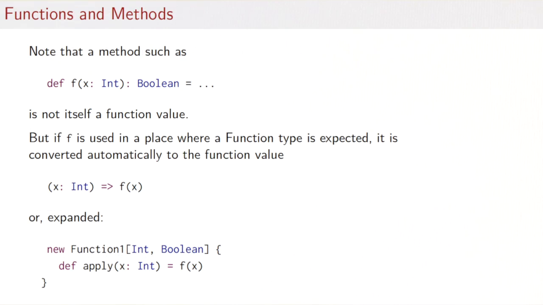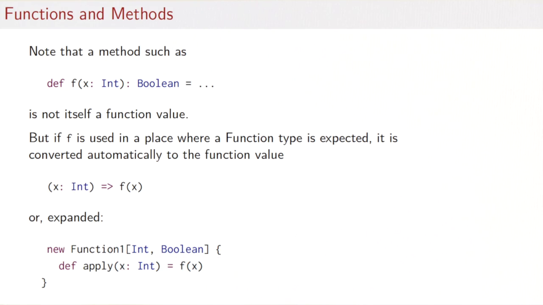So what happens instead is that methods such as def f(x: Int): Boolean, so anything that's defined with a def, are not themselves function values. But if the name of a method is used in a place where a function type is expected, it's converted automatically to the function value. And the conversion is just that we create an anonymous function like this one here, where we say, give me an argument, and I apply the method to the argument.